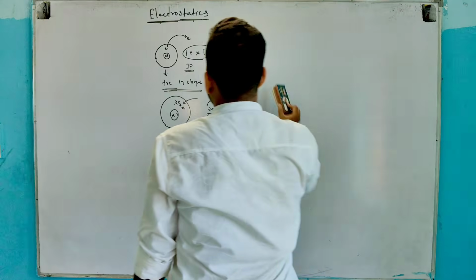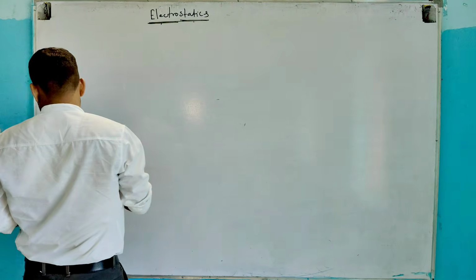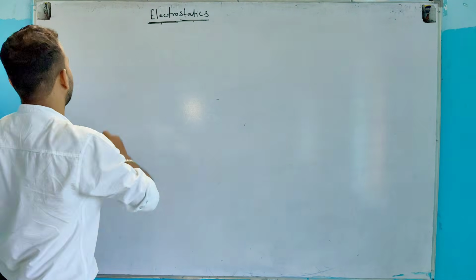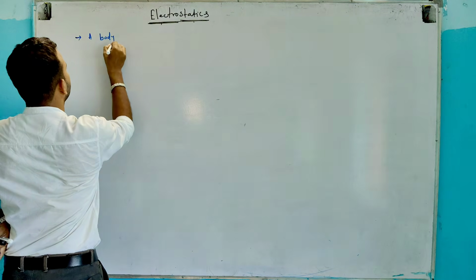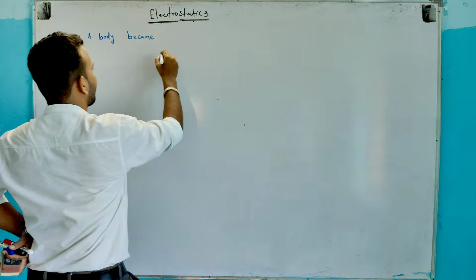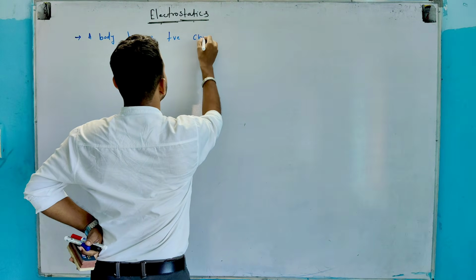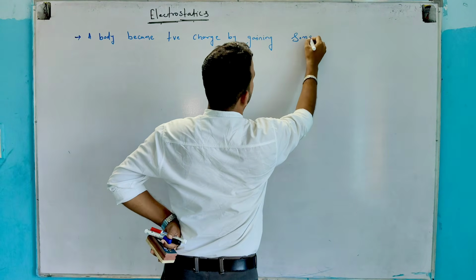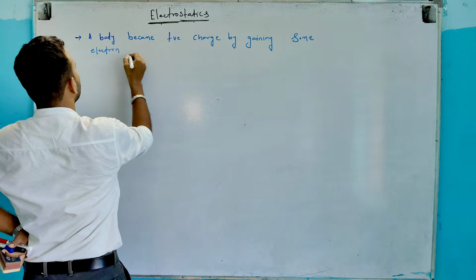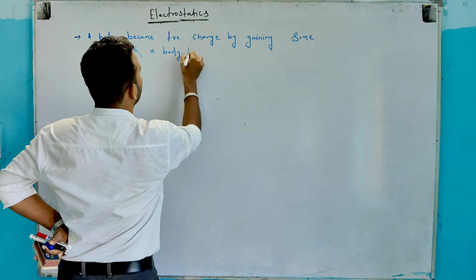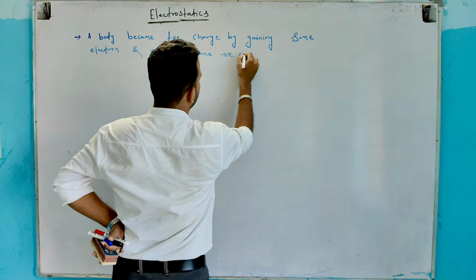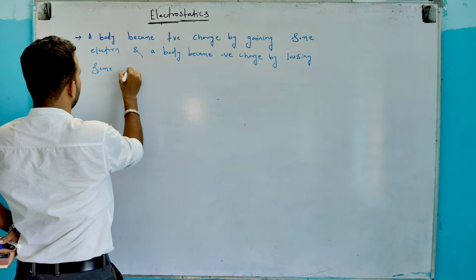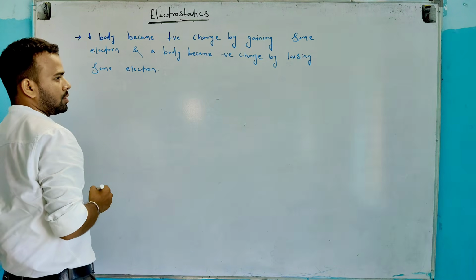So here you have to write, especially as these things apply not to an atom but to a body: a body becomes positively charged by losing some electrons, and a body becomes negatively charged by gaining some electrons.